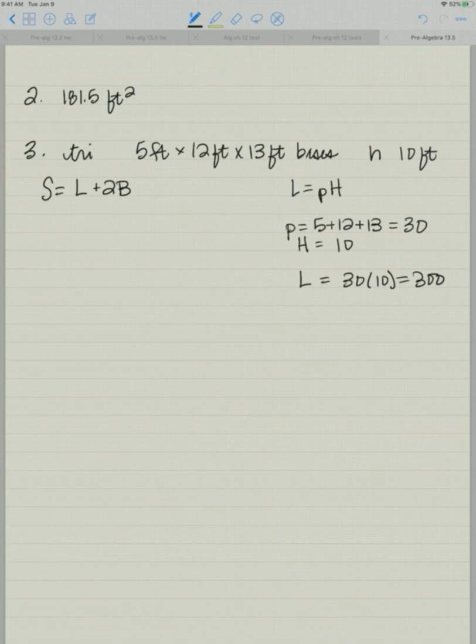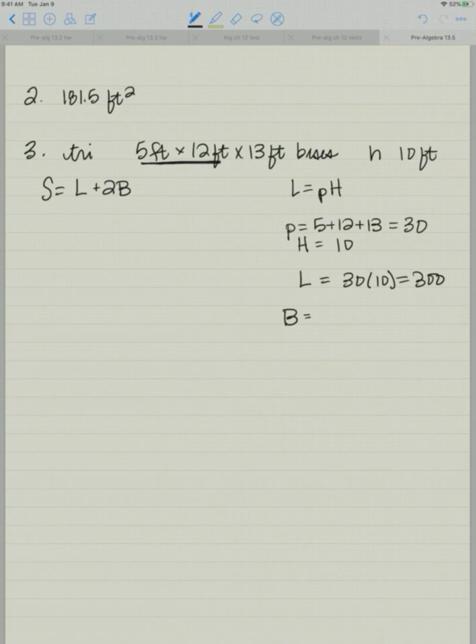What about big B, the area of the base? Okay, area of the base. Remember, in a triangle, the longest side is the hypotenuse. Longest side is the hypotenuse, which means here's the base and the height of our triangle, okay?